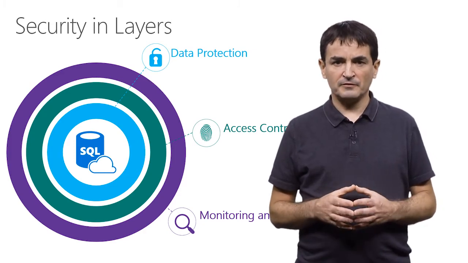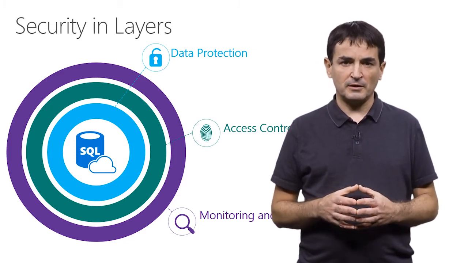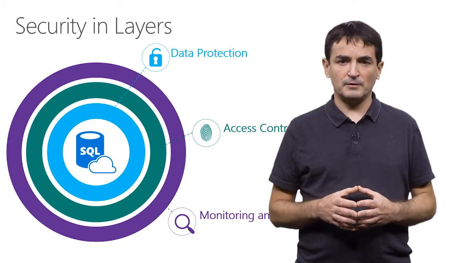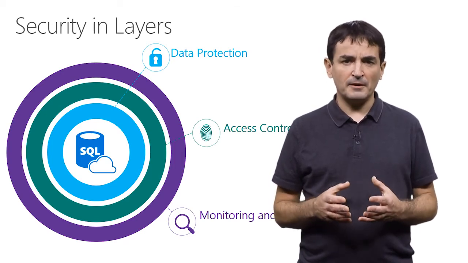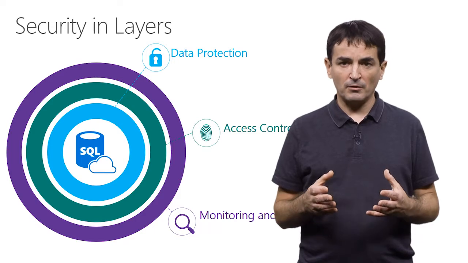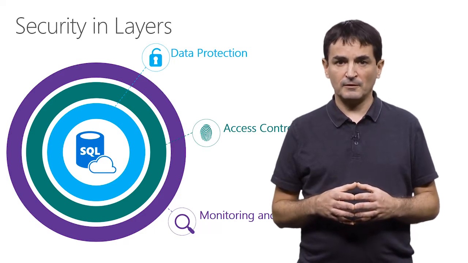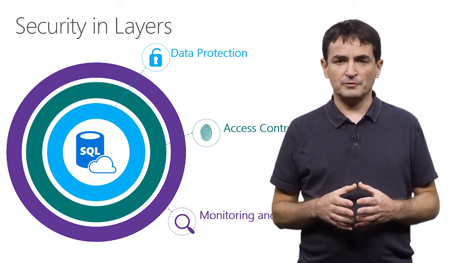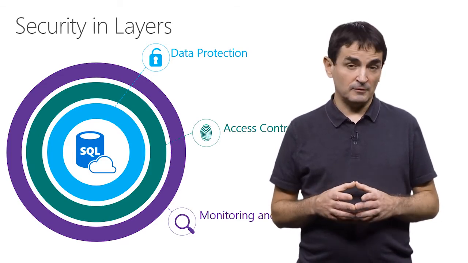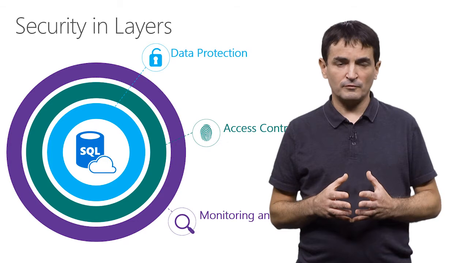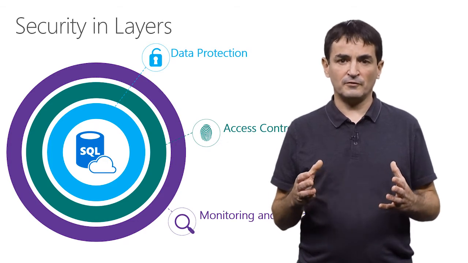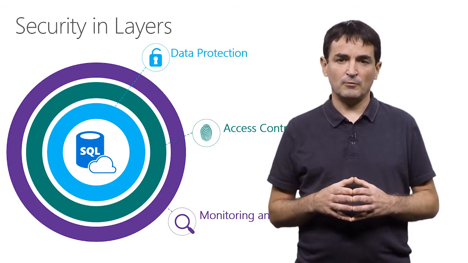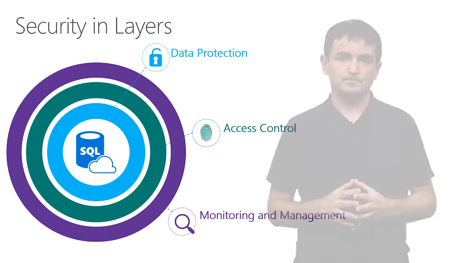And the outer layer is how you monitor access, tracking the activities that happen in your database, and how you manage security and security policies in your database environment. Azure SQL Database has multiple features in each of these layers. In this short presentation, I'd like to focus on some of the newer, advanced, intelligent capabilities we have recently released.